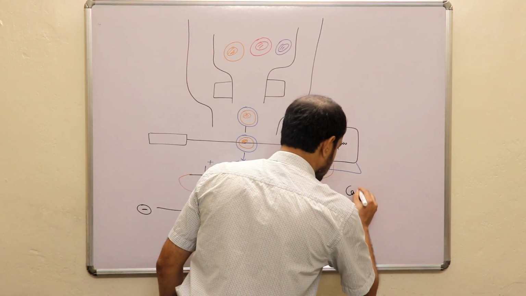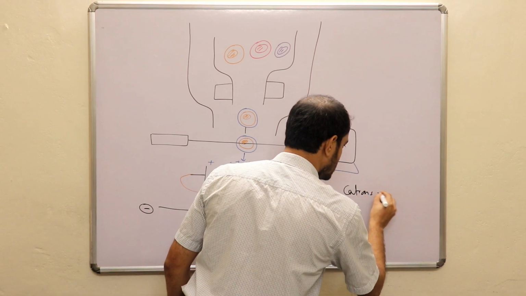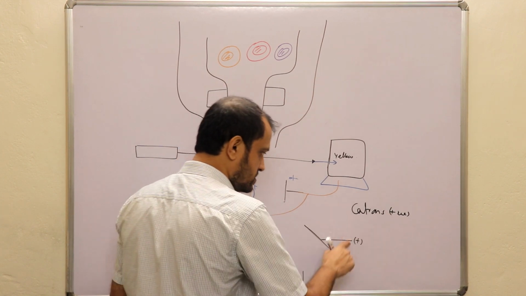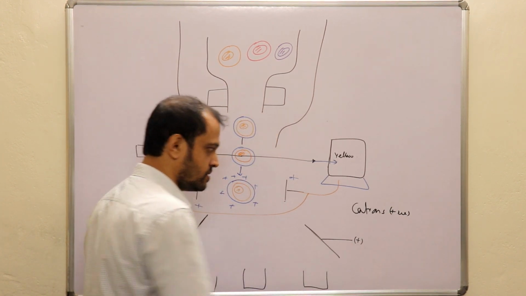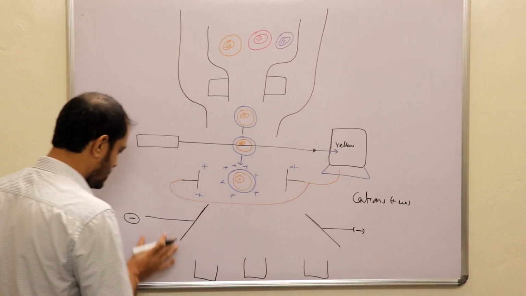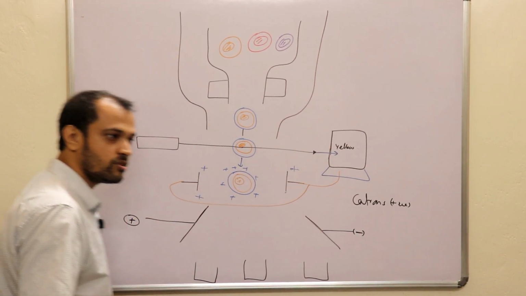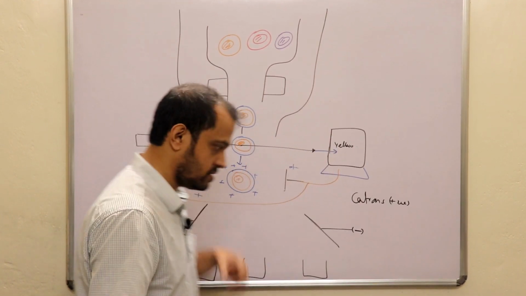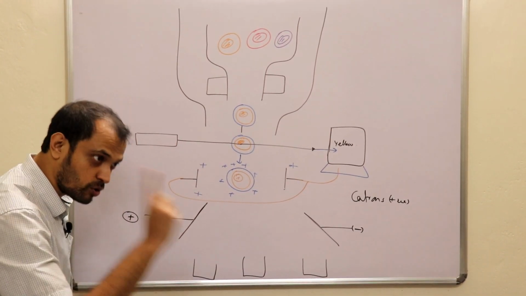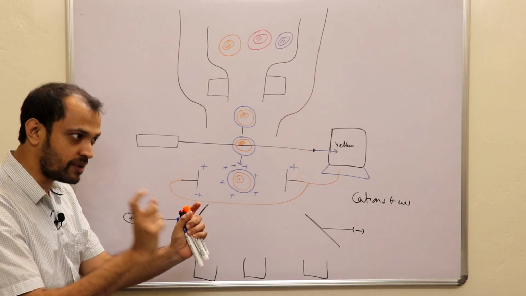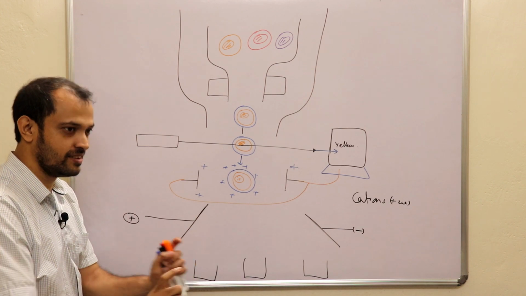What do you mean by cations? Cations means positively charged species, positively charged ions. Positive charge moves toward negative. That means this is cathode now, this is anode. Anode is always positive because it attracts anions. Anions are negatively charged. Any electrode which attracts an anion, that's why anode. Anion plus electrode, anode.